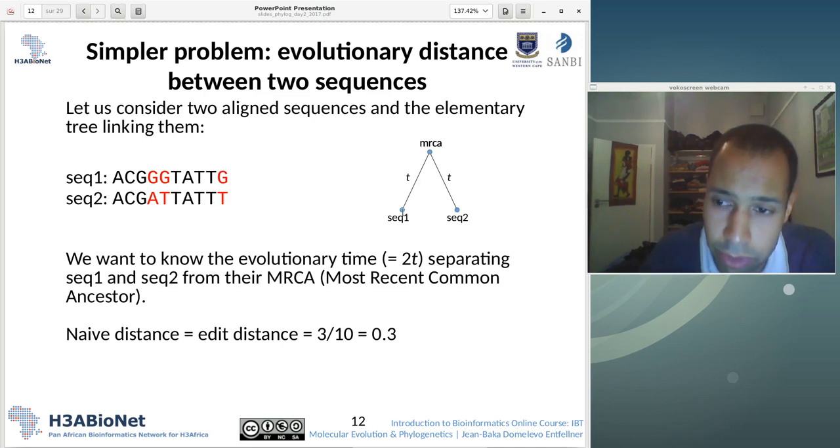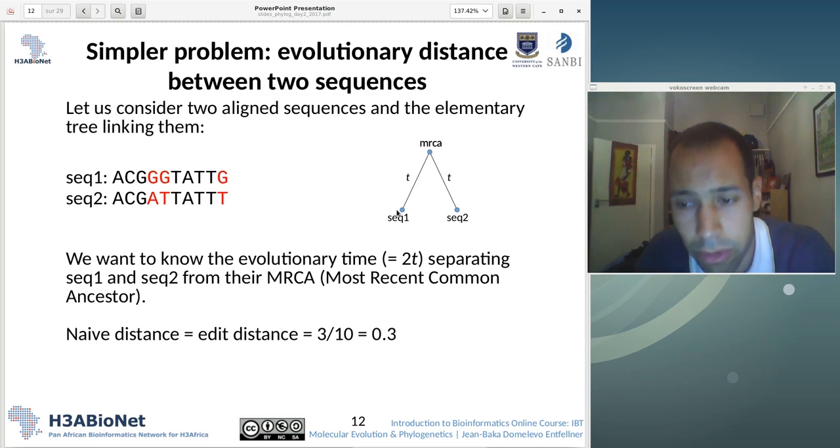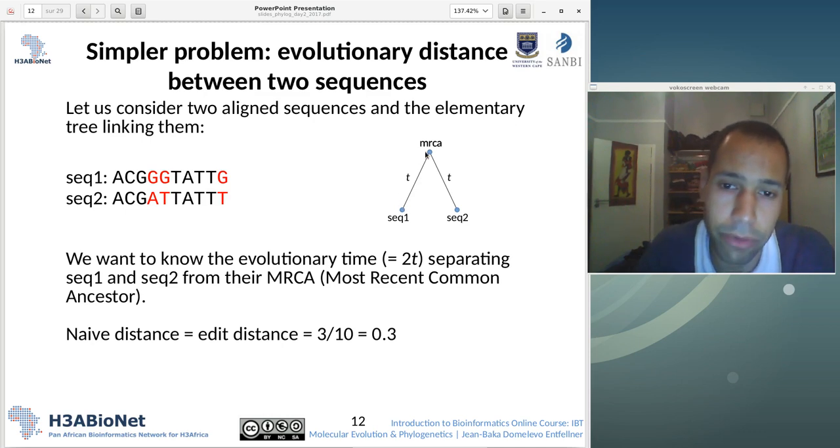Since sequence 1 and sequence 2 are two sequences we sequenced nowadays, from the evolutionary viewpoint they are at the same time. Even if you sequenced one in 2006 and the other in 2015, from the viewpoint of evolution the difference between these 2 years is not significant. So obviously it's time 0 here, and here it's a certain time in the past.